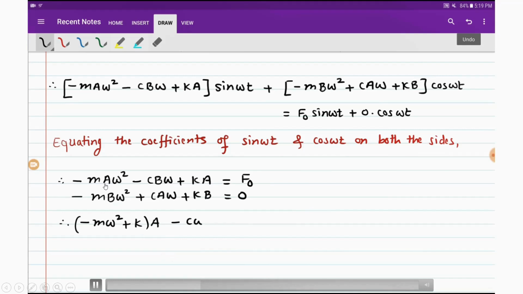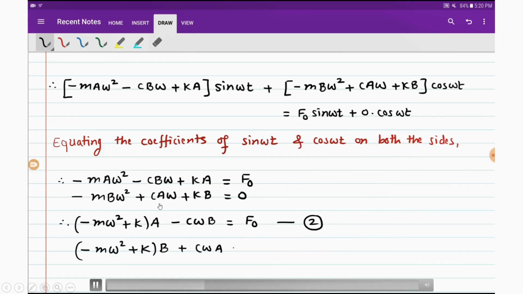Now from the first term and the last term we can take a common. So it is minus m omega square plus k, multiplied by a, minus c b omega, is equal to f0. Let us call this equation 2. Similarly, from this term and this term, we can take b common. So it is minus m omega square plus k multiplied by b, and this c a omega term as it is.